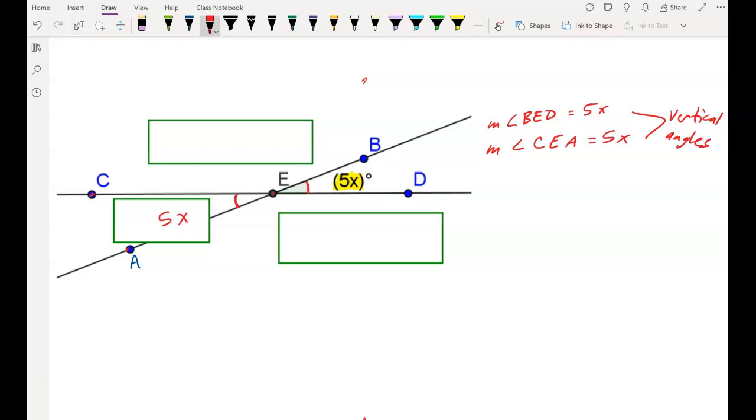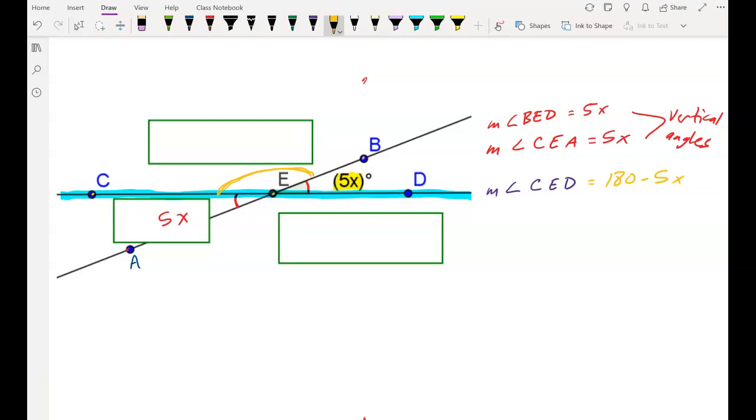Now, what does that mean for the other two? Well, notice the straight line here. That straight line, that's a straight angle, that's 180 degrees. Well, if the measure of angle BED is 5x, then the measure of angle CEB should be 180 minus 5x.